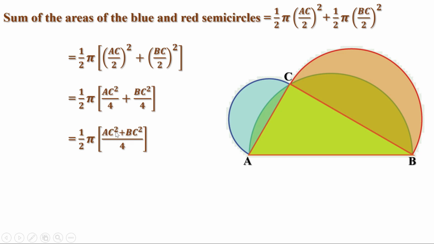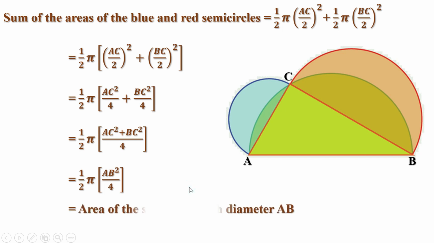So, replacing AC square plus BC square by AB square, we can write half pi into AB square by 4. This is half pi into AB by 2 all square, or the area of the semicircle with diameter AB. That is, the sum of the areas of the smaller semicircles is the area of the large semicircle.